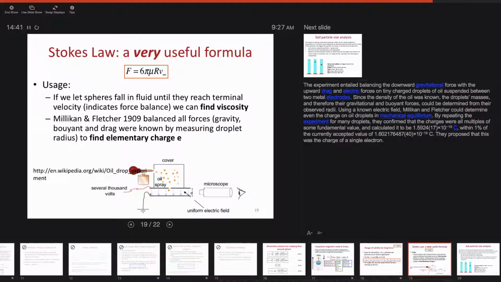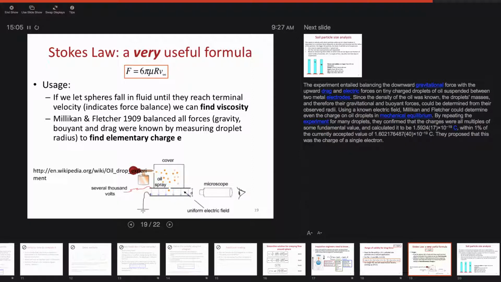All right. So again, it's a very useful formula that is used a lot. There's even measurement of the elementary charge, okay, by balancing all of the forces. A charged particle is a little sphere, and there's definitely drag forces acting on it.